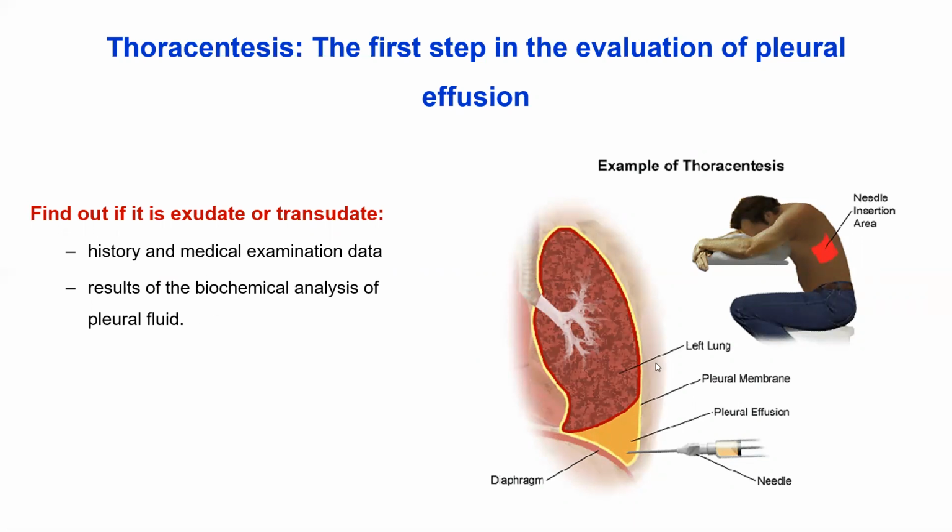We can confirm the diagnosis, exudate or transudate. This image shows the correct position of the patient. We use this procedure with a special needle, and we do it under local anesthesia.